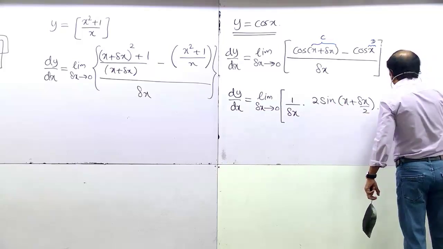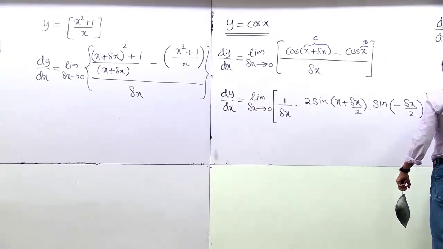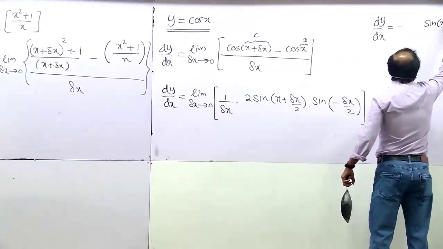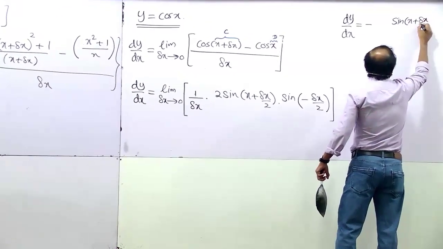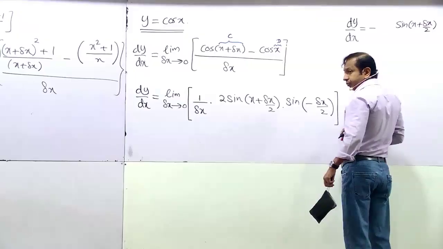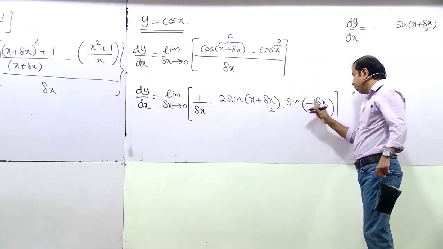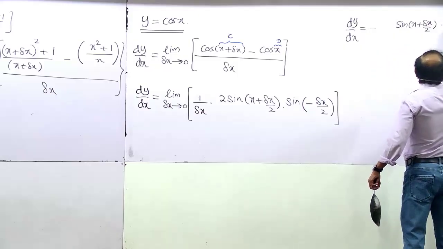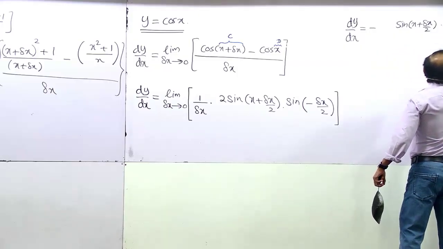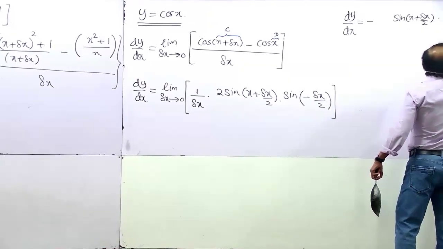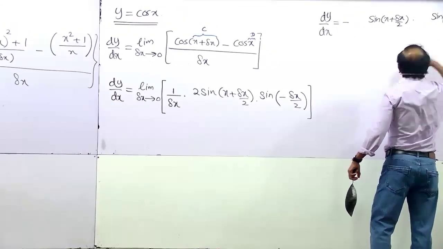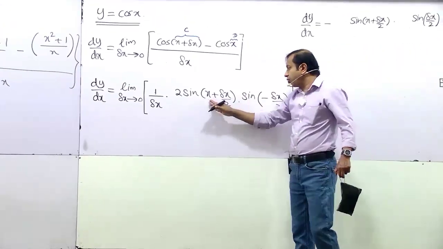Sin of x plus delta x by 2 I write next. And now, after taking this minus sign out, we have sin of delta x by 2 here. Now, here we have a product.